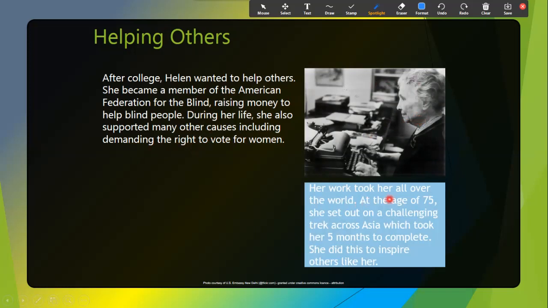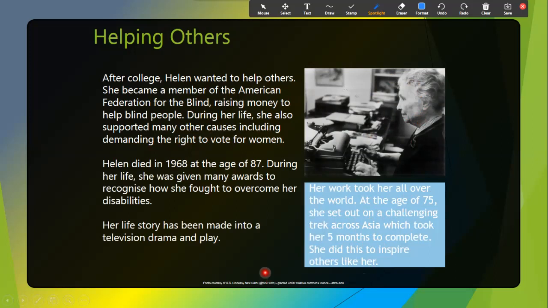Her work took her all over the world. At the age of 75, she set out on a challenging trek across Asia, which took her 5 months to complete, and she did this to inspire others like her. Also, Helen died in 1968 at the age of 87.